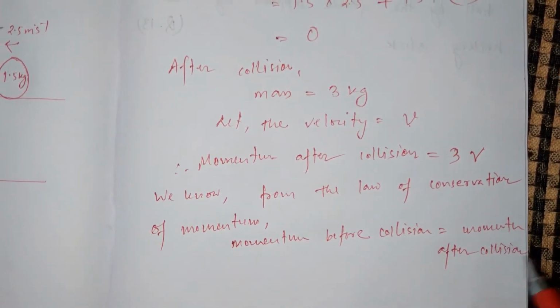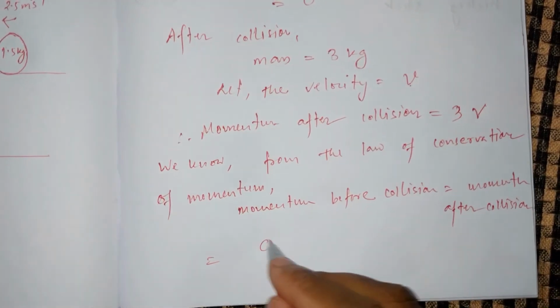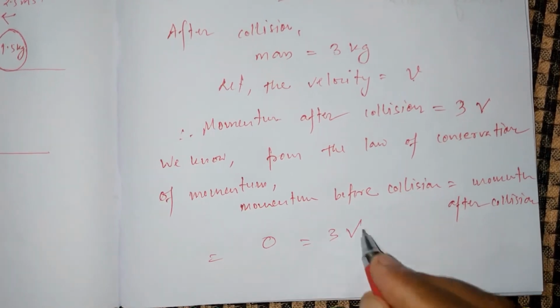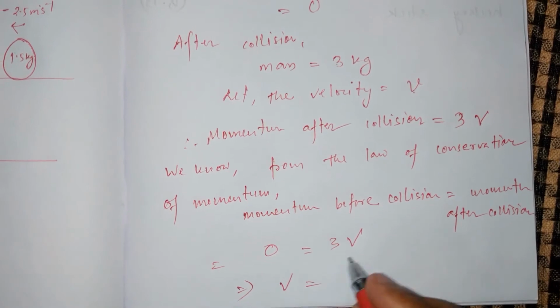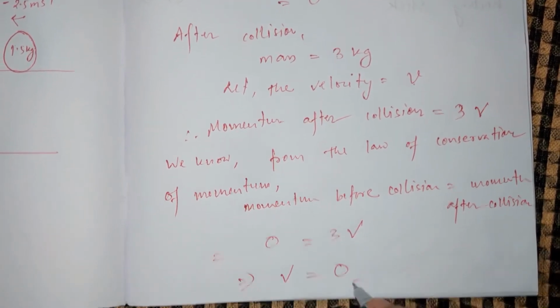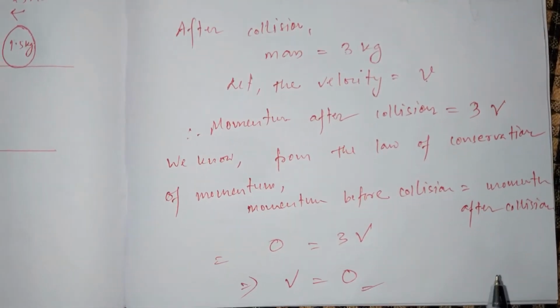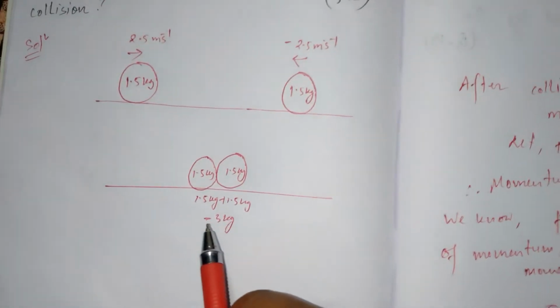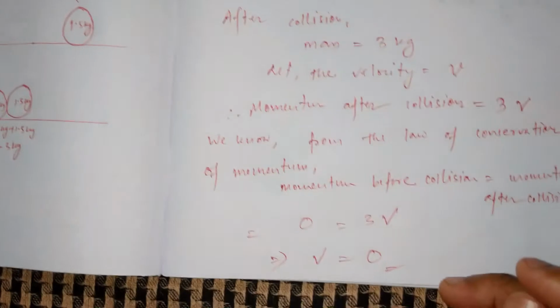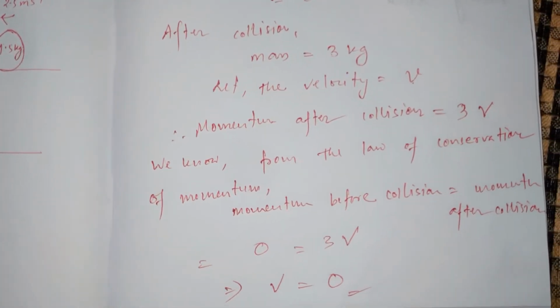So we know momentum before collision is 0 and after collision is 3v. So if you find this v, it will be 0 divided by 3, it will be 0. So from this we can understand that the velocity after the collision will be 0. Okay, so this is the end of this question. I hope you have understood. So let's see the next question.